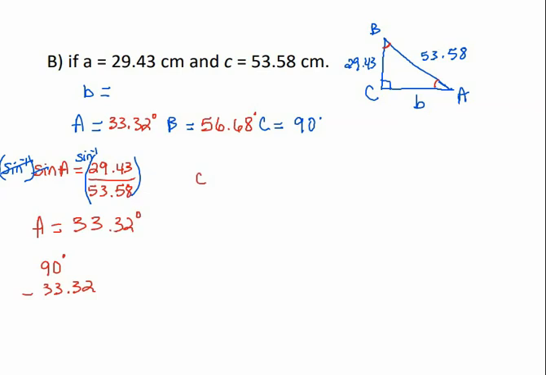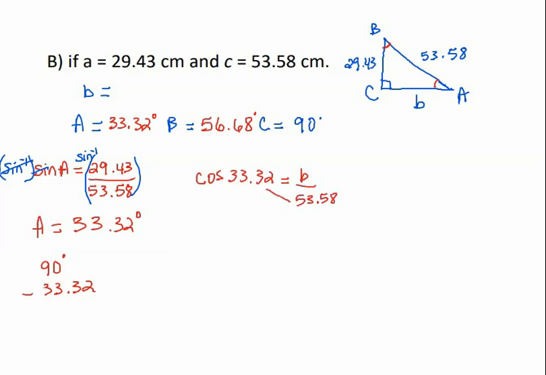So if I do the cosine of A, which is 33.32 degrees, is equal to the adjacent over the hypotenuse, which is 53.58.